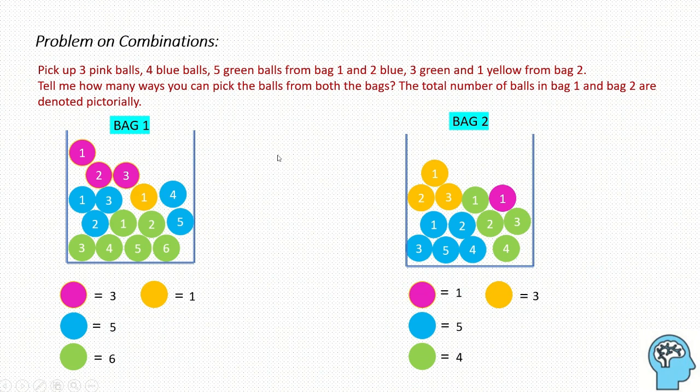Let's look at the solution in this slide. We are asked to pick up 3 pink balls from bag 1 from a total of 3 of them: 1, 2 and 3. Number of ways we can do it is 3C3. Now a total of 4 blue balls from the same bag when there are 5 of them.